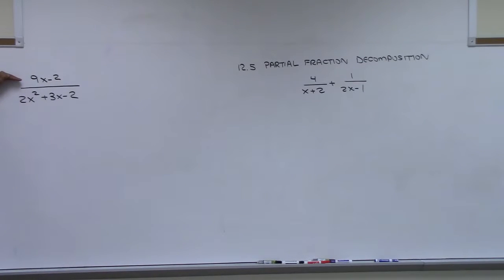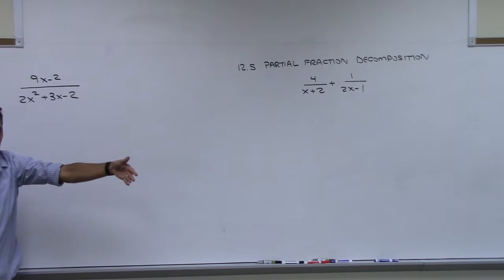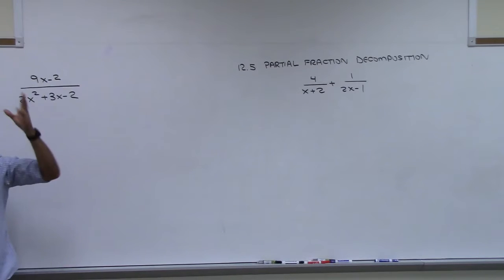The degree of the numerator is 1, because the highest power of x is 1. The degree of the denominator is 2, because x squared, right? So the degree up here is smaller than here, yes? In that case, we just proceed to the next step, all right? I'll show you an example where we have to do something else. But in the event that this is smaller than this, we proceed.